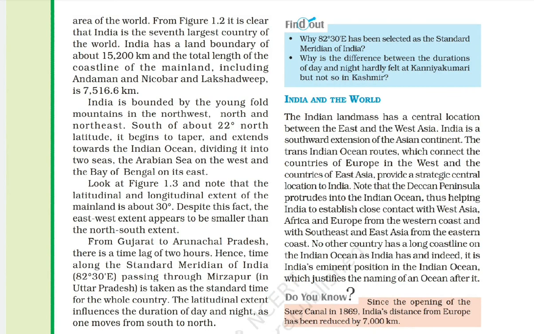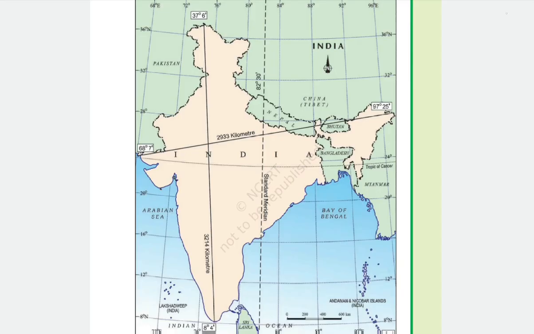The latitudinal and longitudinal extent of the mainland is about 30 degrees. Despite this fact, the east-west extent appears to be smaller than the north-south extent. From this picture, you can clearly understand that the extent of the mainland is about 30 degrees north-south and east-west. This is 68 degrees 7 east and this is 97 degrees 25 east.